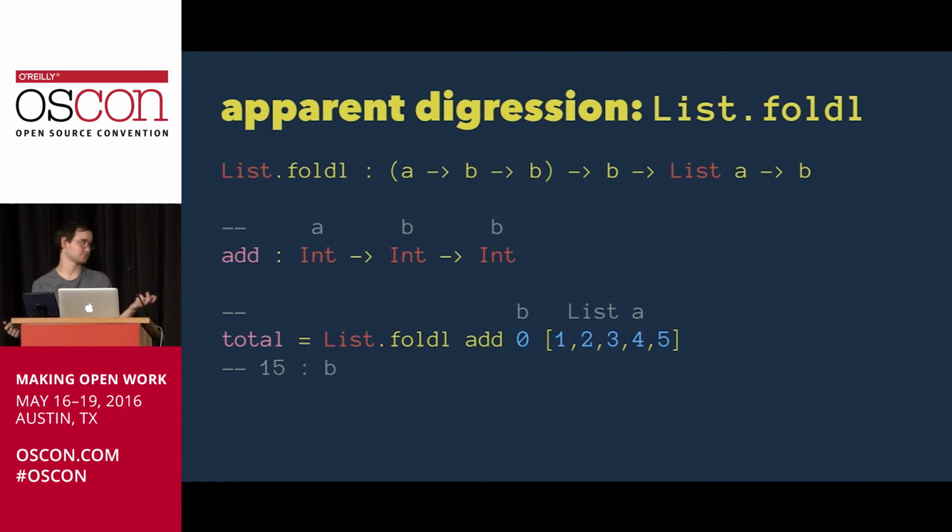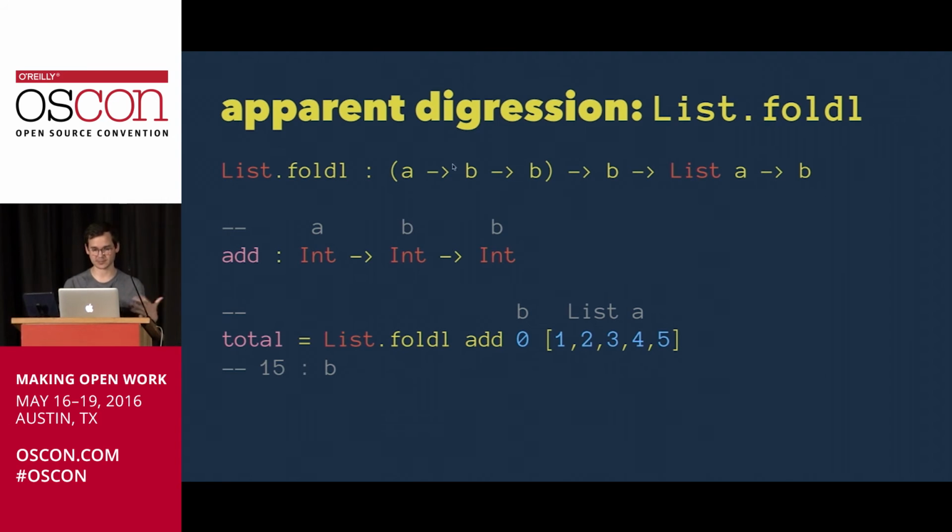So what's that combining function? That's addition. So when we pop 1 off the list, we add it with 0, and we get 1. When we pop 2 off the list, we add it with 1, we get 3. So add specifies just that little operation of how do we combine each new value with the total? How do we update our state with a new value and come out with a new state?